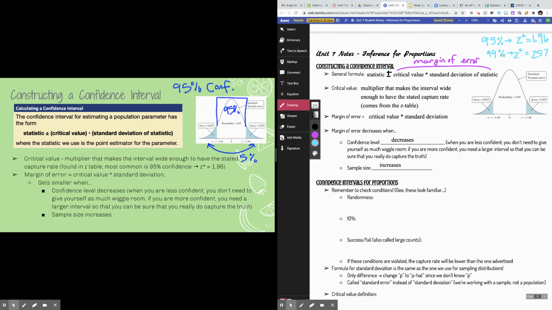And honestly, you'll end up just memorizing them without wanting to, just because you use them so much, okay? But if there's one that you're going to remember, it should be this one, that the critical value for 95% is 1.96, because that shows up more often than any other confidence level in free response questions and in multiple choice questions.